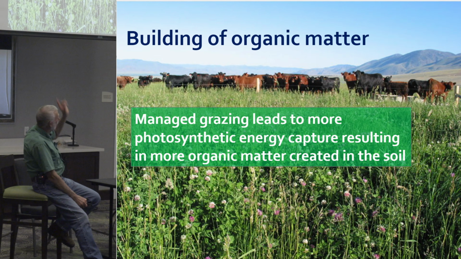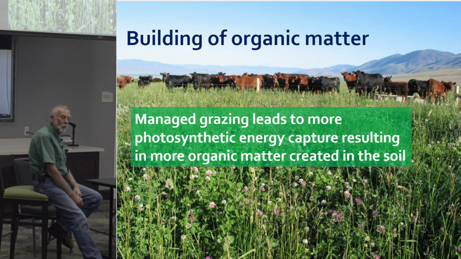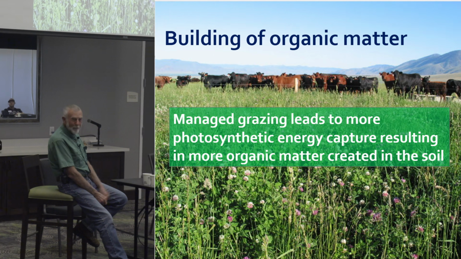So the more effectively that we manage grazing, the more organic matter we can build into the soil. If you want to increase the water holding capacity of a sandy soil, how do you do it? You increase organic matter. If you want to increase the infiltration of water in a clay soil, how do you do it? You increase organic matter.